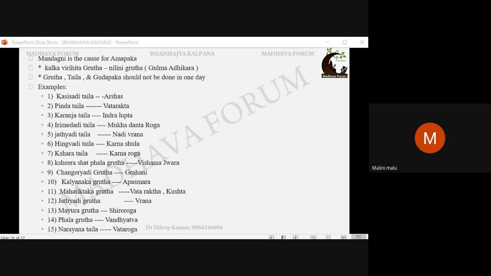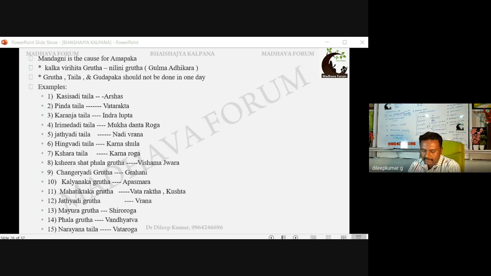Next, Lavana Bhaskara Churna. Agni Mandhyadhikara. Lavana, Trikatu, Pipali Churna, Trimada, Dadi Matvak, Talisapatra.